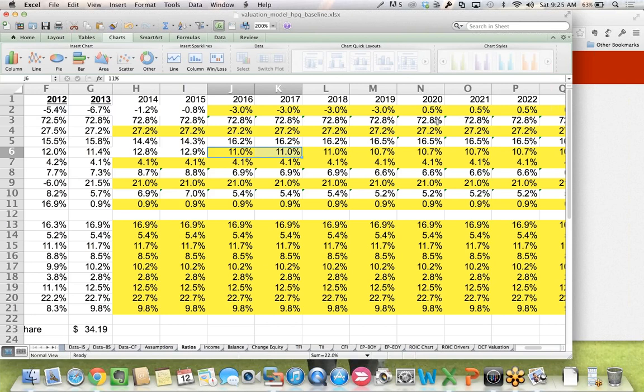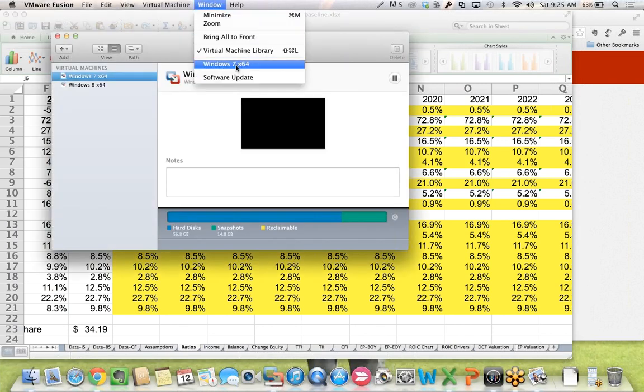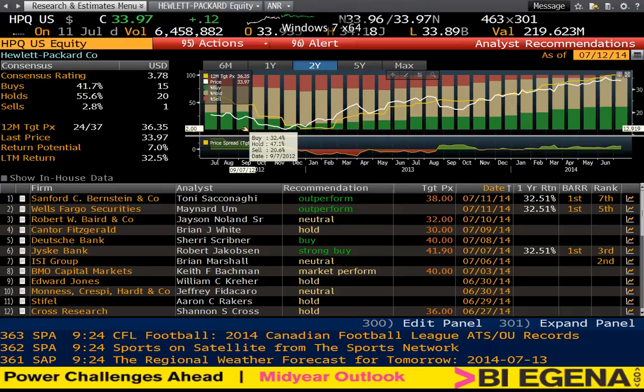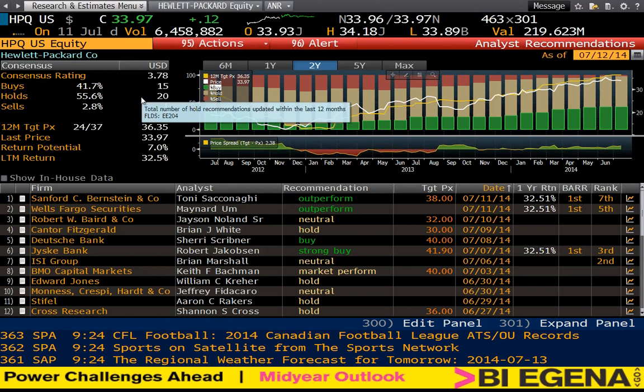That's the as-is scenario for the marketplace, which is probably why you're seeing, if we go back to Bloomberg, a lot of holds. So from a market perspective, this is the plod along strategy. Flat growth, don't really see any improvement in margins, maybe a little bit of margin pressure. As you said, they're not really getting into the growth part of the hardware business.